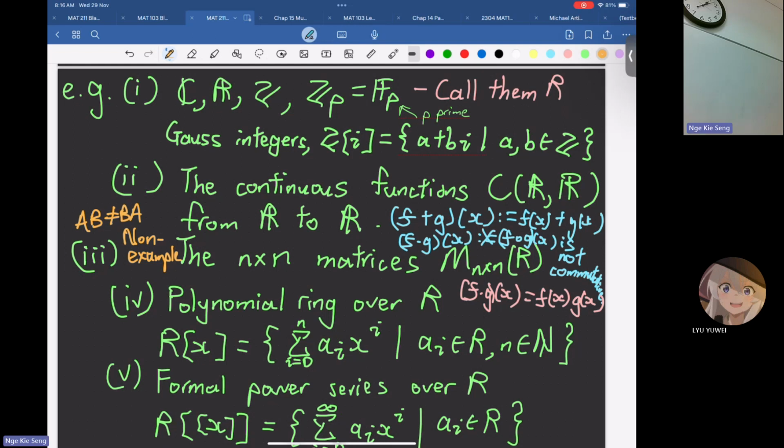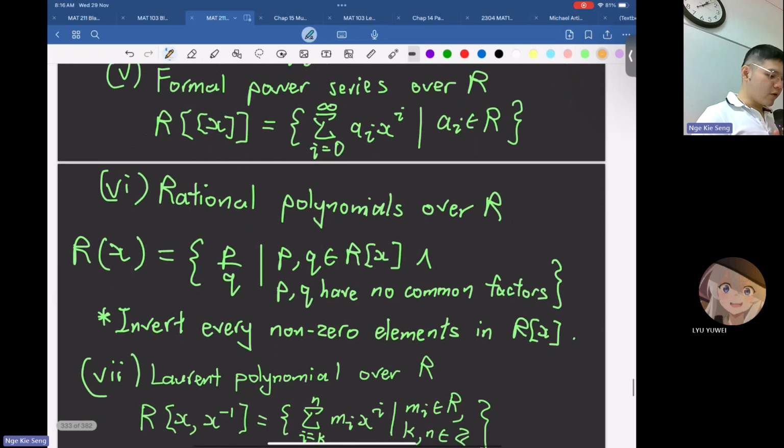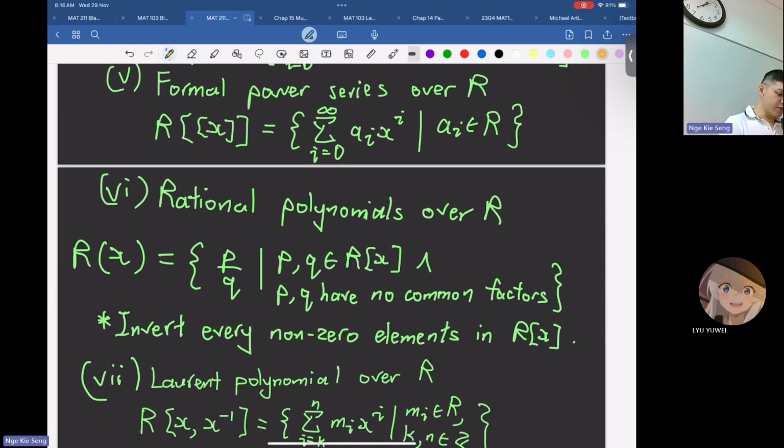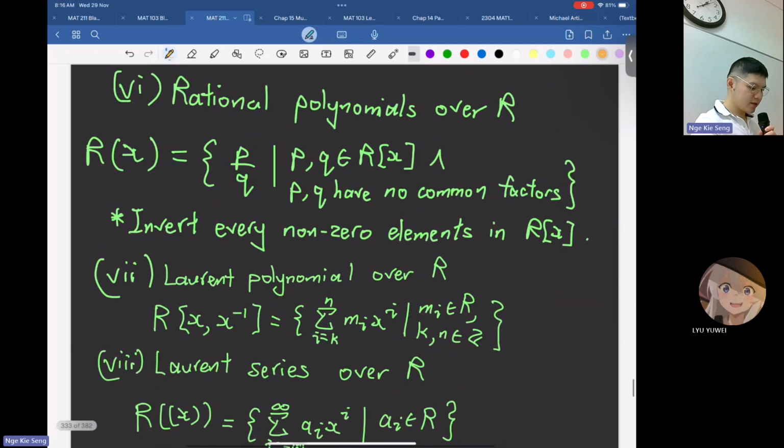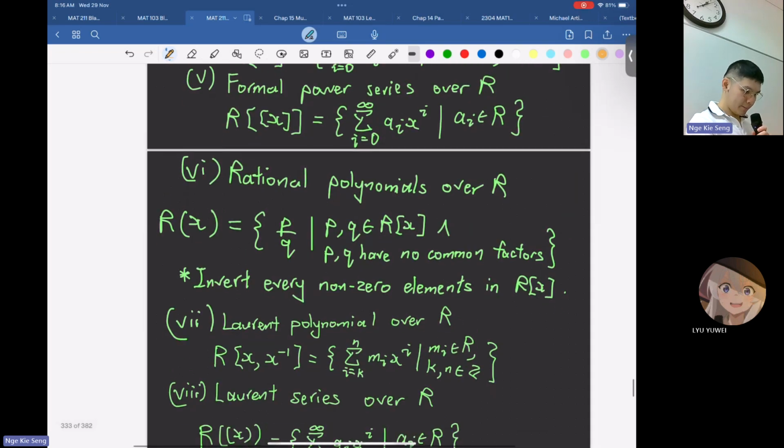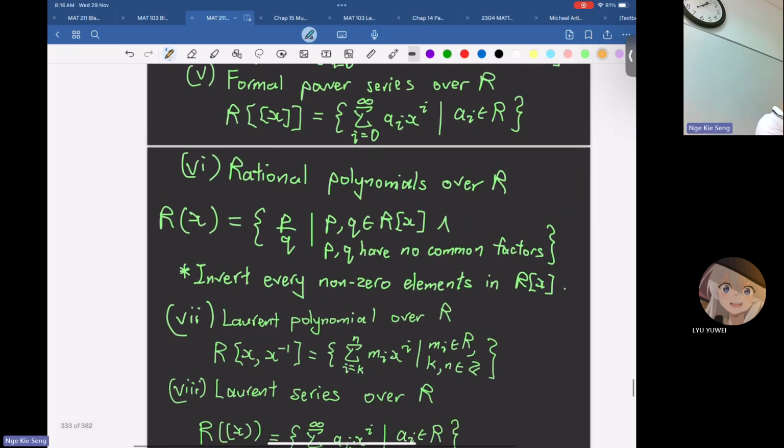The polynomial ring behaves very similarly to the integers. And then you can form formal power series, rational polynomials, Laurent polynomials, and Laurent series that we talked about last time.